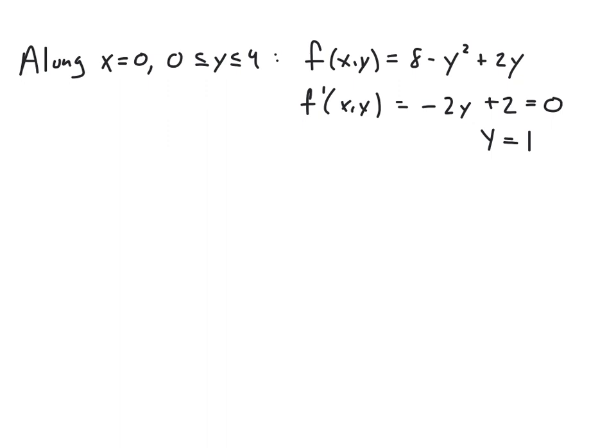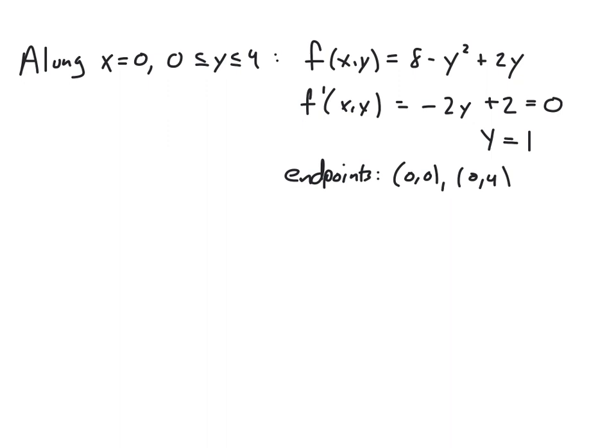And so we know that on that side, the extrema has to occur either at y equal 1 or at one of the two endpoints. The endpoints on this region are, of course, the origin and the point (0, 4).